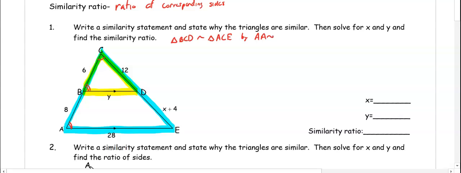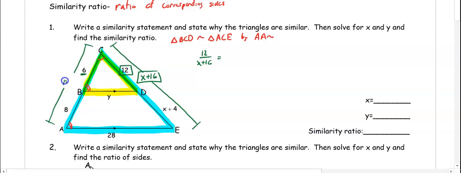So now we want to solve for x and y. So to solve for x, we see that x is on this side. So this whole side here, when we add it together, is going to be x plus 16. That's going to correspond with the side that's 12. So we have 12 over x plus 16 equals, on the other side, we have 6 and the whole length is 14.